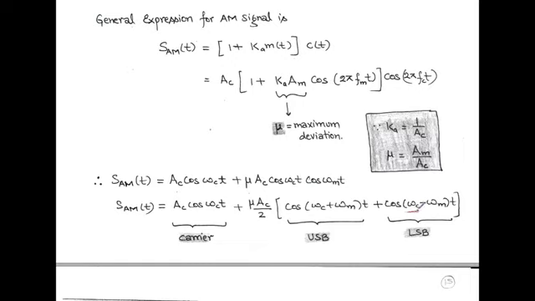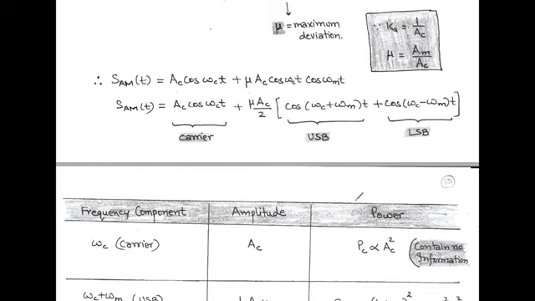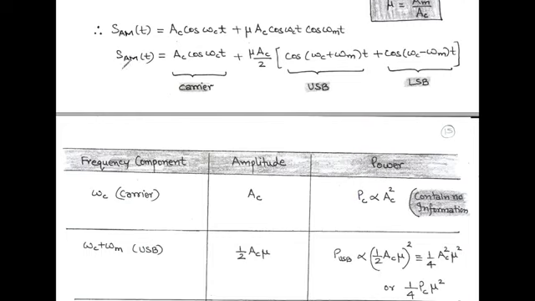So we always write omega_c minus omega_m for the LSB, that is the lower sideband. This expression of AM is in time domain, and it consists of the carrier, that is the first term, and a double sideband, that is the second term. Hence it is called double sideband full carrier, that is standard AM.